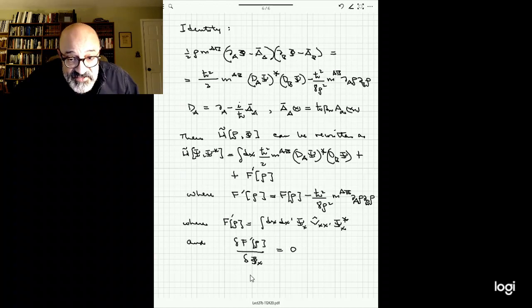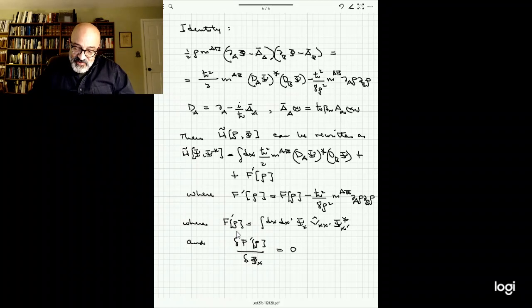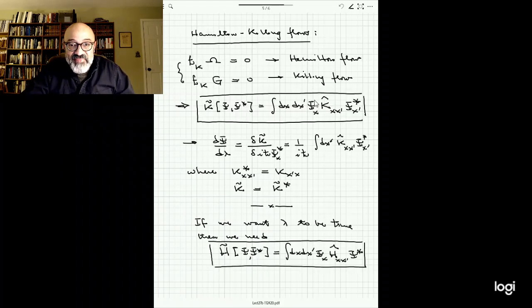So this condition, the fact that here you have x prime. You see this guy here includes phi x. This guy here includes phi x prime. It is not obvious that this phi x cancels that, but we have to make it cancel. Otherwise, we are not having a proper Hamiltonian Killing flow.